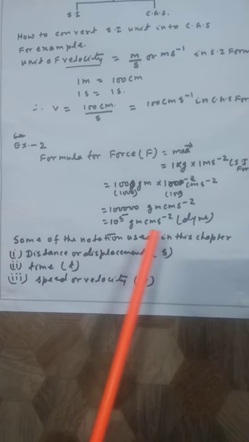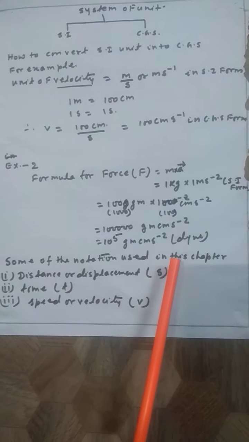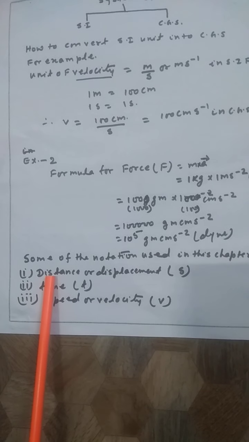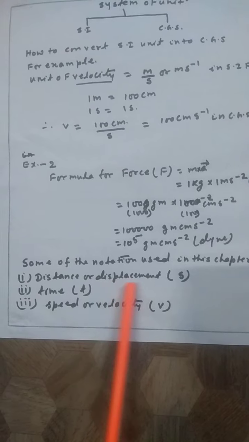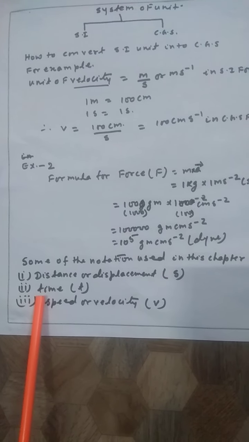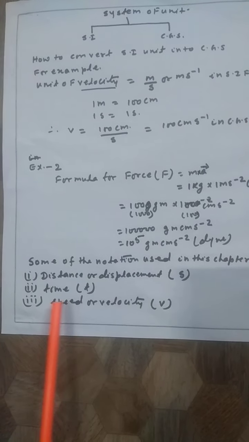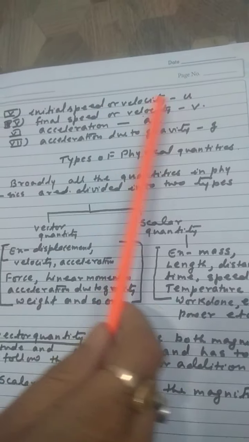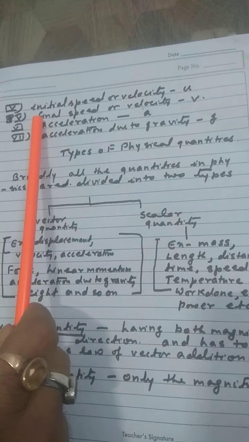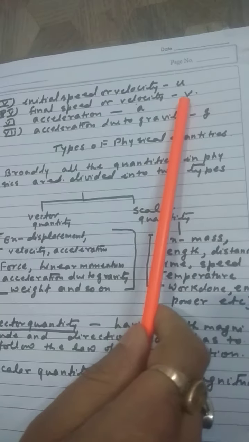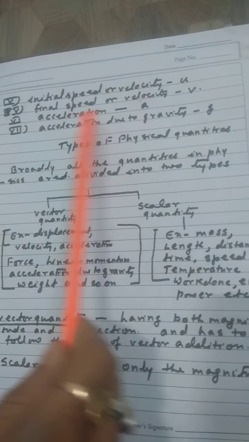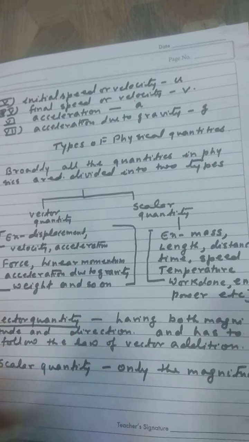Here we will use some notation that will be used again and again in this chapter. For instance, first one is distance or displacement, that is denoted by S, time, that is denoted by t, speed or velocity, that is denoted by v, initial speed or velocity, that is denoted by u, final speed or velocity, that is denoted by v, acceleration is denoted by a, acceleration due to gravity is denoted by g.